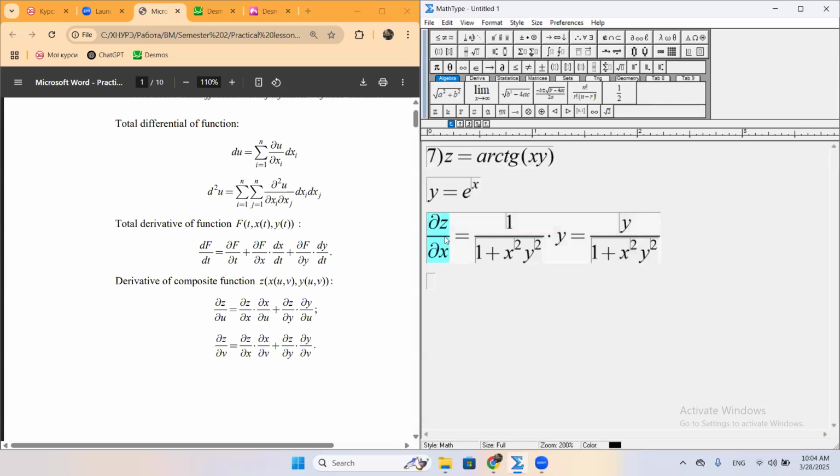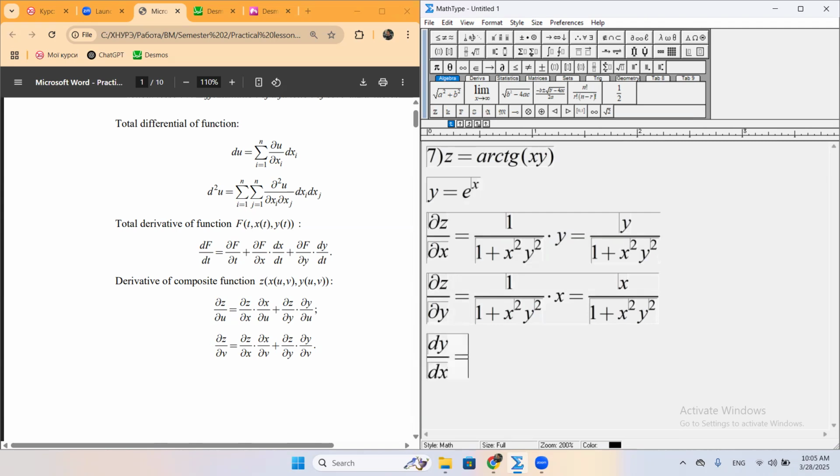Now differentiating by y. Again, we have the same derivative of the outer function, but now it's multiplied by x. And now differentiating y by x, we see that we have e to the power of x, so nothing will change.